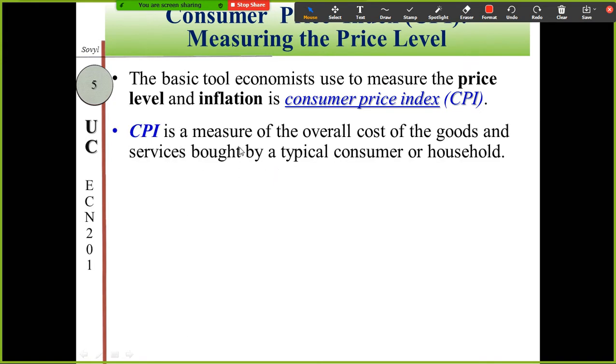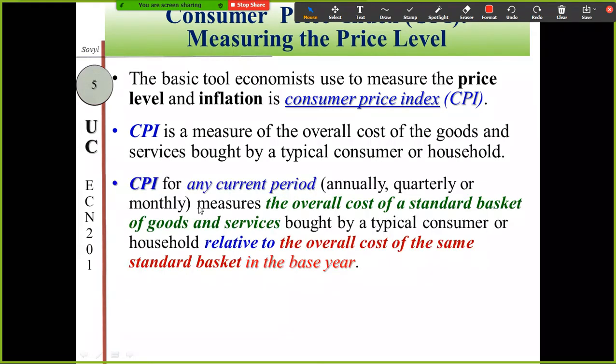CPI is a measure of the overall cost of goods and services bought by a typical consumer or household in one economy.